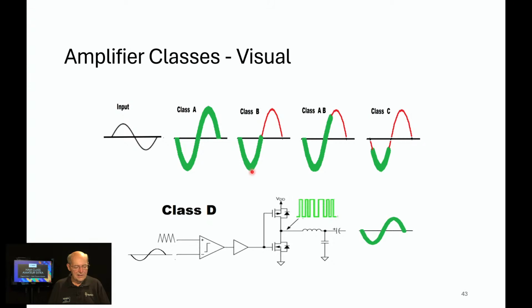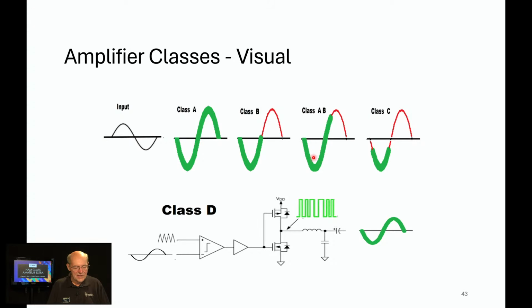If we only had to conduct on half of the input cycle, we'd only be using half as much power. That's the advantage of a Class B. Now, how would we actually use that in the real world? We're going to come to that. For now, we just need to know that Class B is 180 degrees of the input waveform.